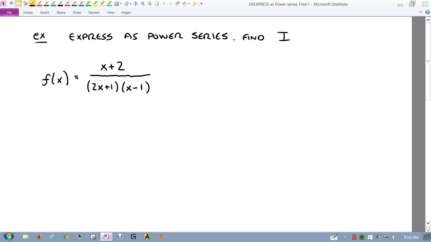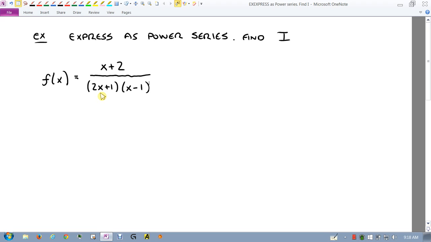Now, so this one, we have to try and figure out, does it look like that right away? Is that the derivative of something, the integral of something? And we can mess with this for a while, trying to figure it out. The thing is, each of these denominators by themselves would fall into that category, wouldn't it?